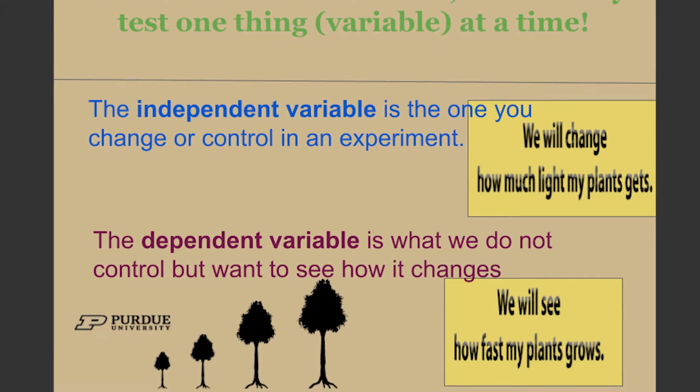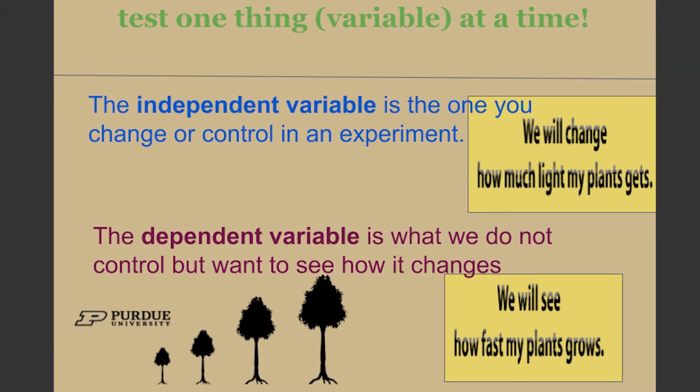And so with that, we have what we call dependent and independent variables. Now, the independent variable, the one we have in blue there, says this is the one that you change or you control in the experiment. So for ours, if we're testing the amount of light, we're going to change how much light plants get.